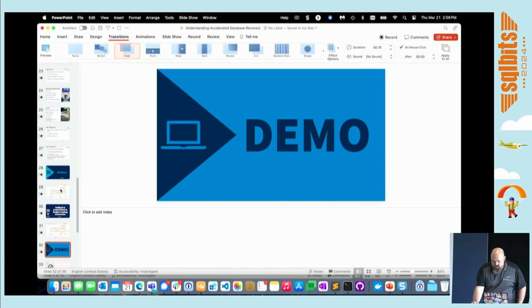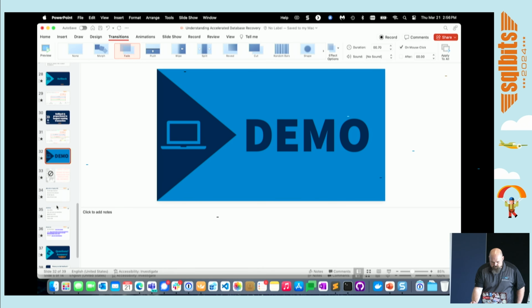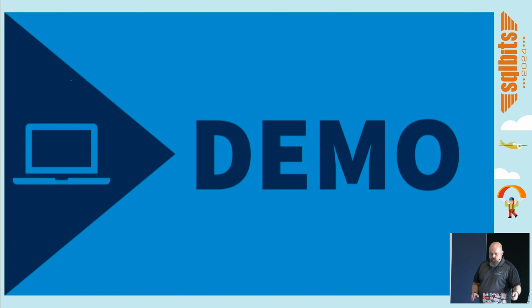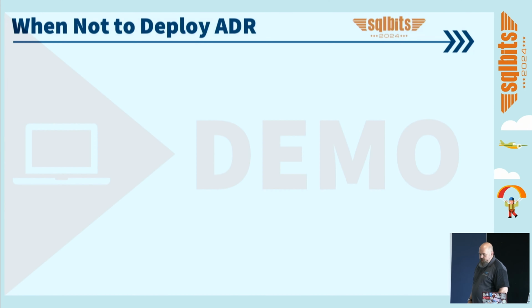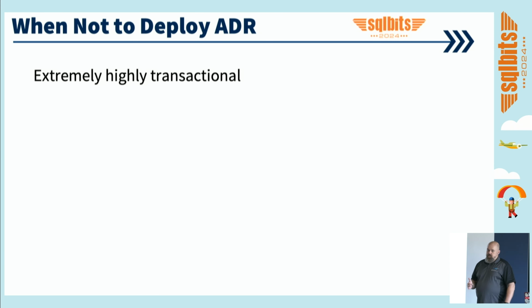But there are times where you probably shouldn't turn it on, and if your application's super busy, we will wrap up because I think I'm like 5 minutes left. When not to deploy ADR: if you're highly transactional.